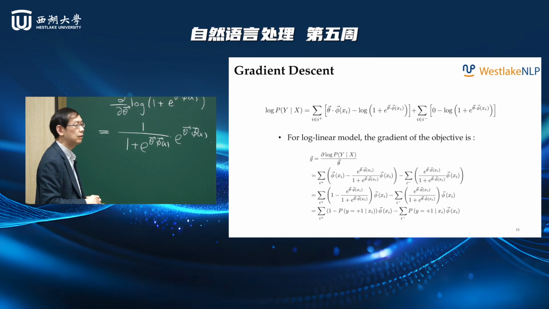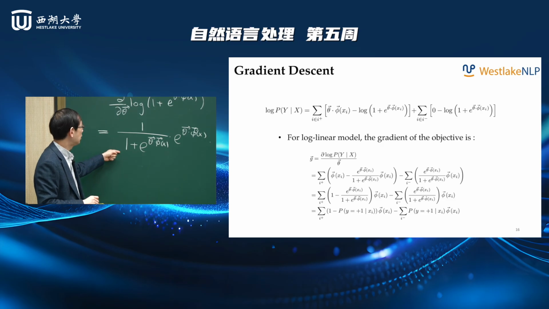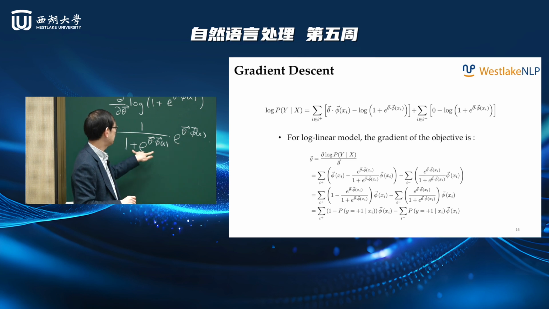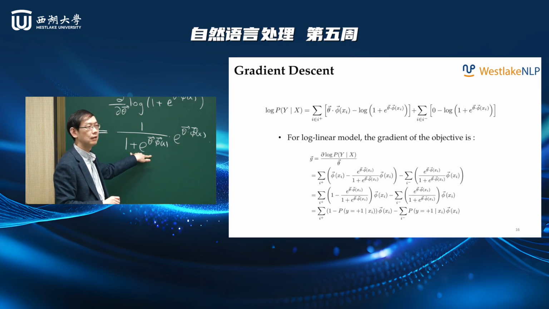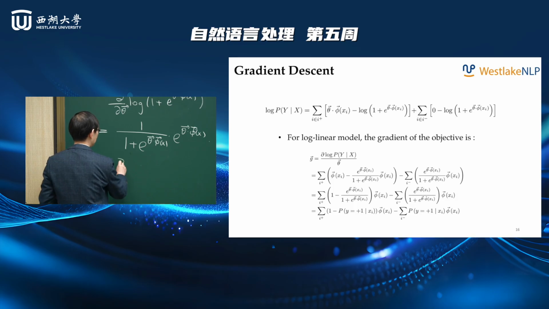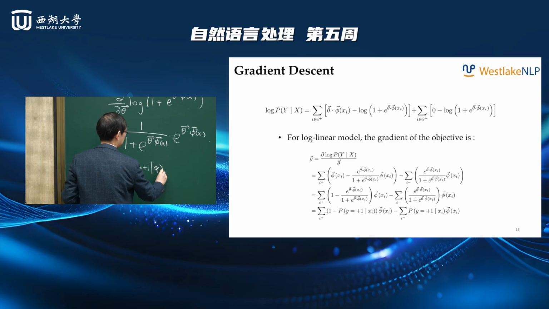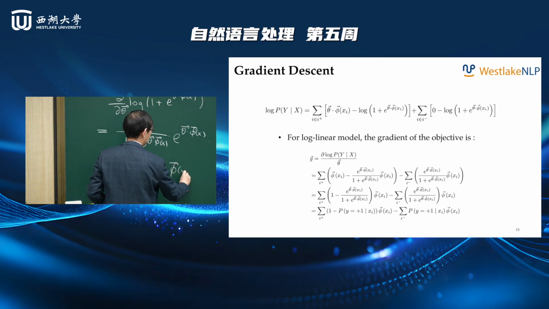Oh, this looks very difficult. It's a complex equation, but wait. So this thing over this thing, what is it? What is this function? Sigmoid, right? And that's equal to the probability of y equals plus 1 given x times phi x.